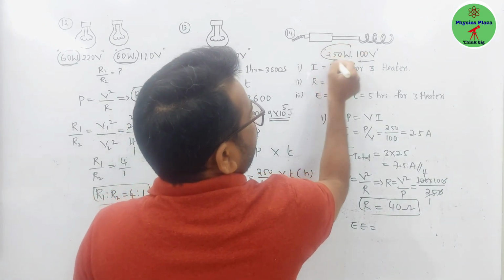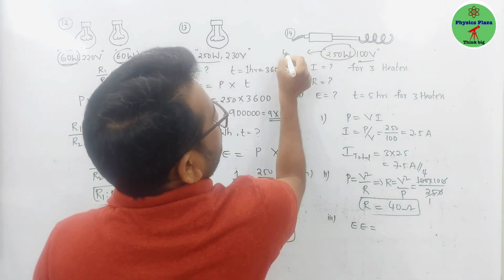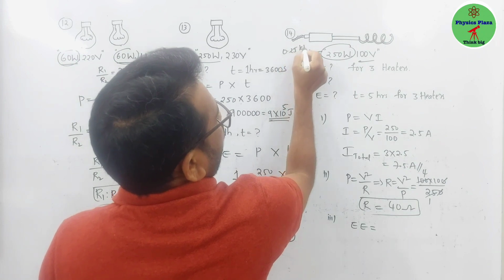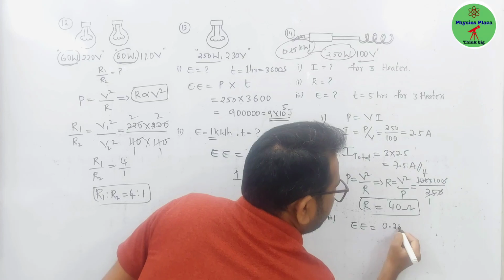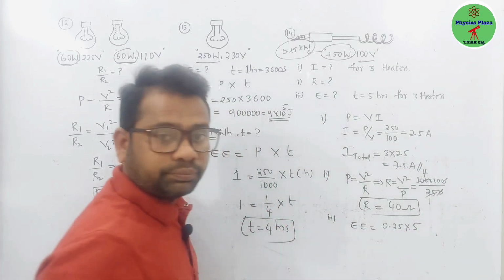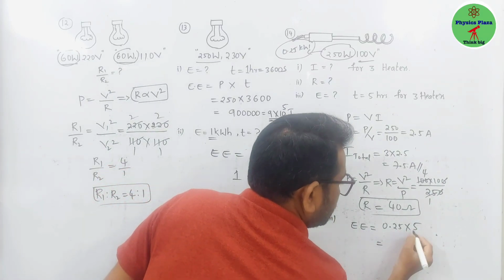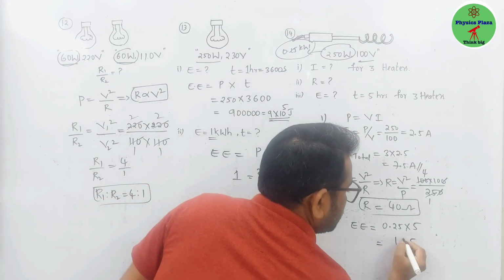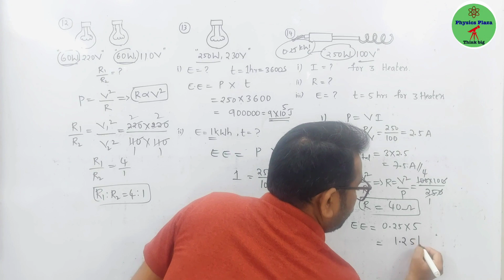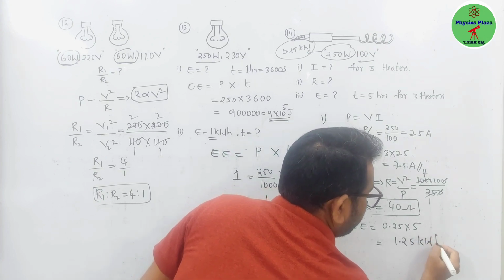Children, power is 250 watt. In terms of kilowatt, it means 0.25 kilowatt. So, here power into time is 0.25 into 5. This is going to be how much, children? 5 5s are 25, 5 2s are 10, so this is 1.25 kilowatt hour.